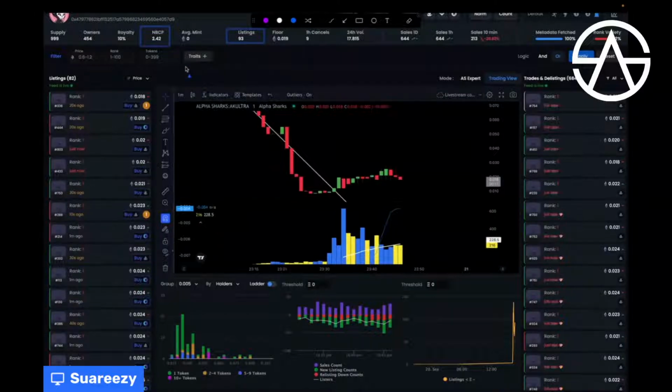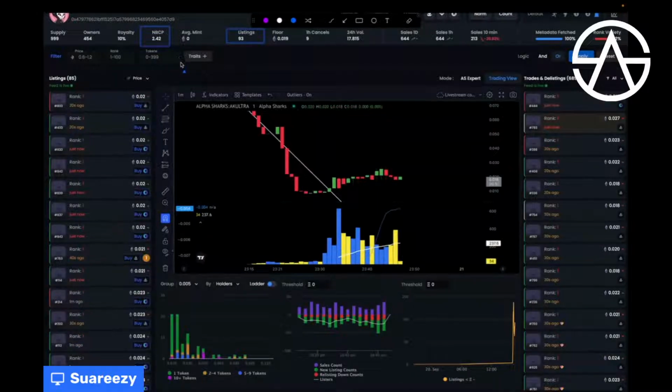Goblins did the exact same thing, went from a 0 NBCP all the way to about a 20% NBCP within about 3-4 days, and we can see where that ended up going. Rare Pepe is one of the recent ones too, pretty much did the exact same thing. So we see this happen over and over again. So this is a definite key number to watch out for.